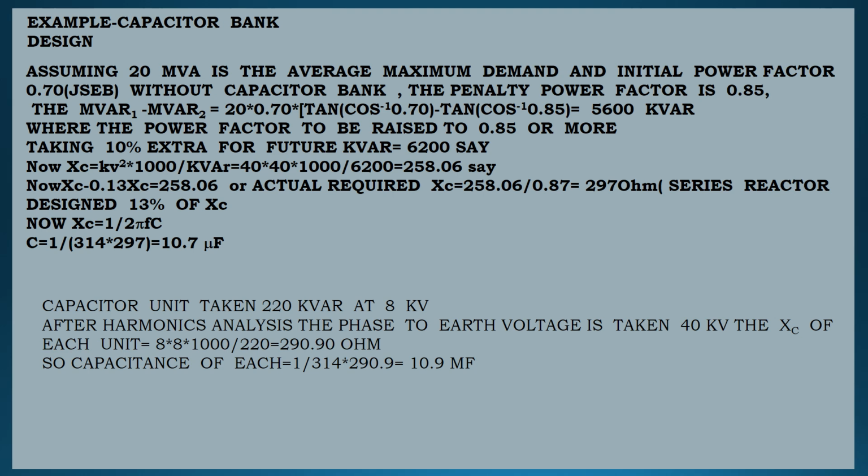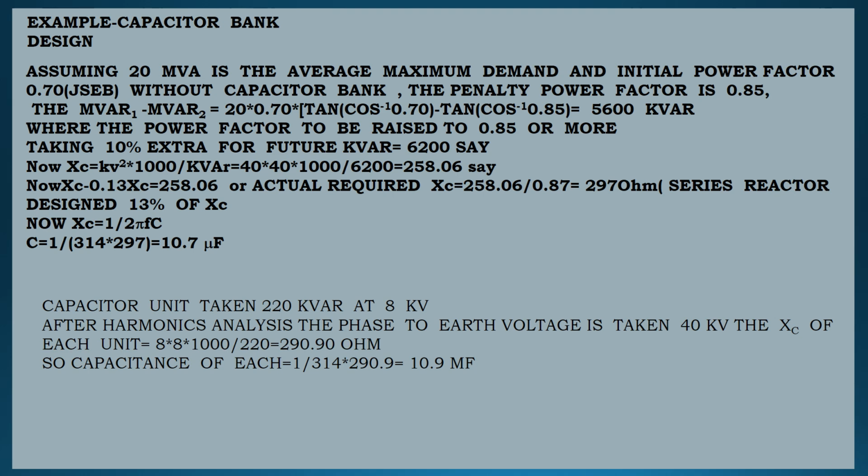Instead of 25 kV, we calculate with 40 kV. So kV square means 40 into 40 into 1000 divided by 6200, say 258.06 ohm. The unit of Xc will be ohm.